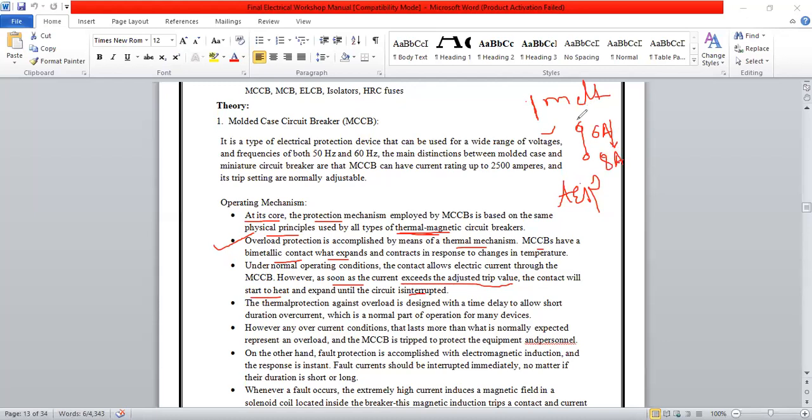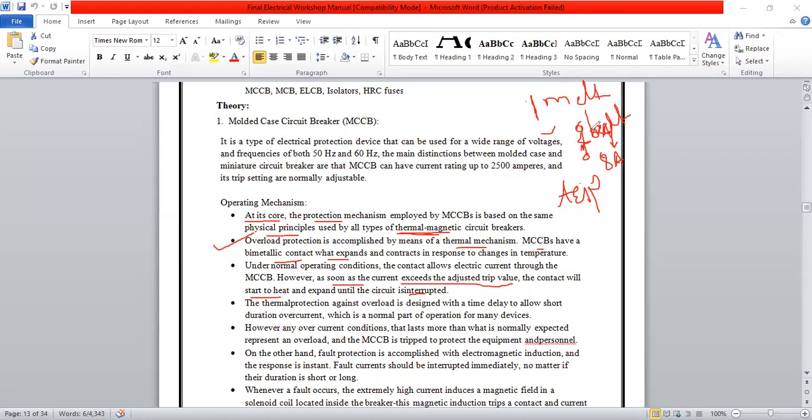Due to the excess current, it will get heated, and once it reaches its melting point, it will start melting and after melting it will break the circuit.